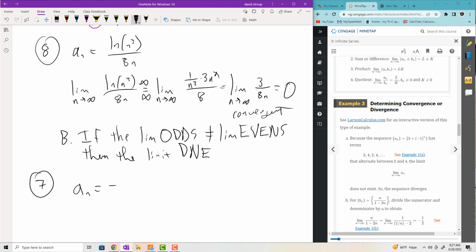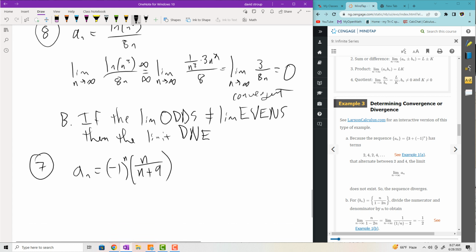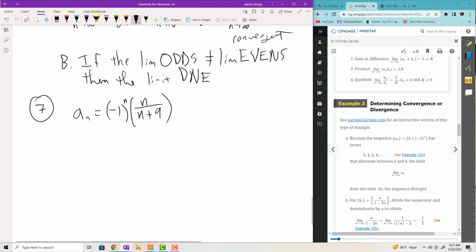It gives you a sub n is negative 1 to the n times n all over n plus 9. If you look at the even terms, like a sub 2, that would cause the negative to be positive. Negative 1 squared is positive, and then you just get 2 all over 2 plus 9.